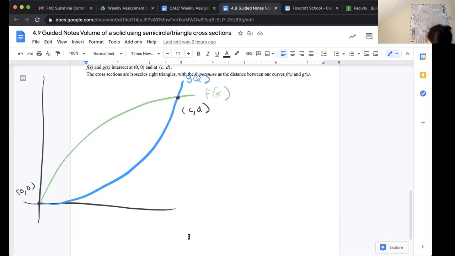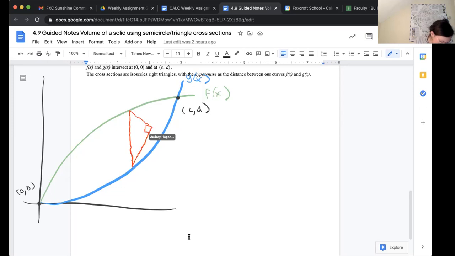So here's one of my cross sections, and this is going to be the hypotenuse for a right triangle that's going to kind of come up towards me like this. And there is my right angle.